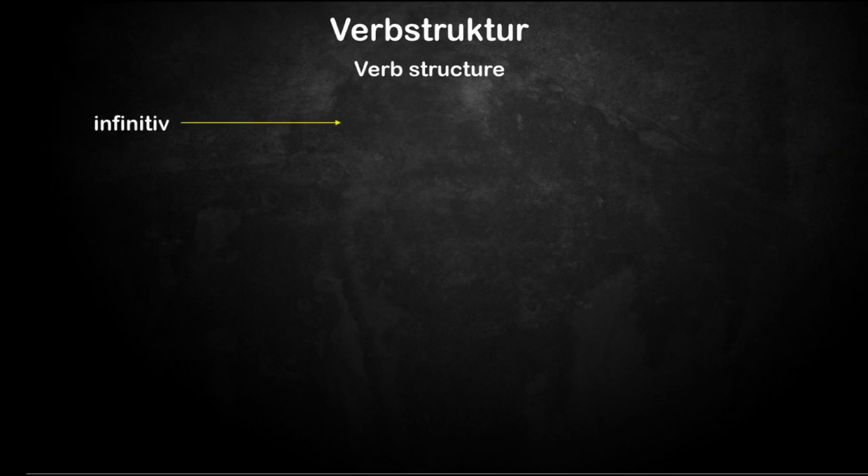Verb structure. We will see here the structure of the verb. I will give you an example of an infinitive verb: bringen, which means to bring. Now we will divide it into two parts.